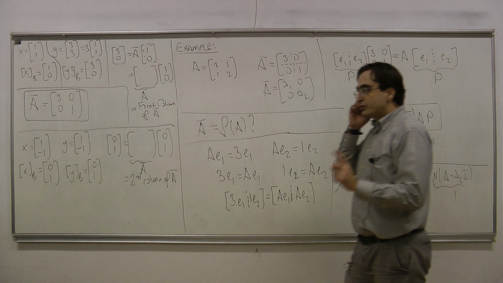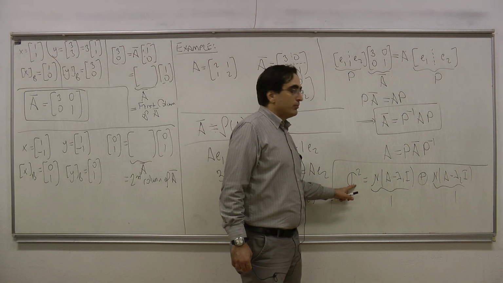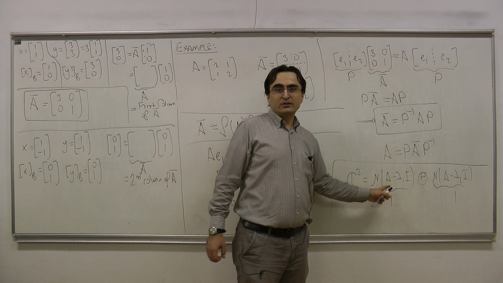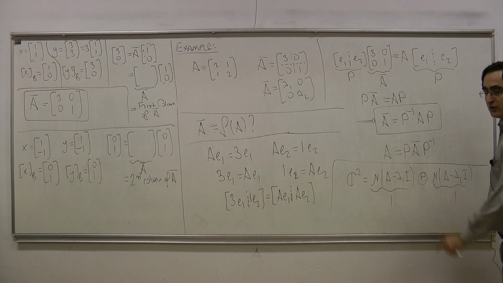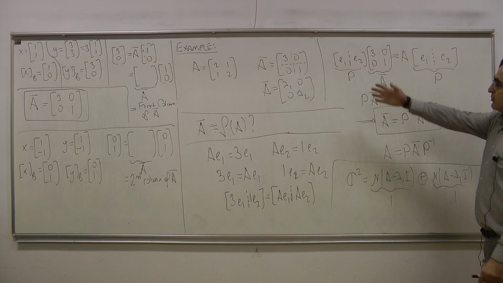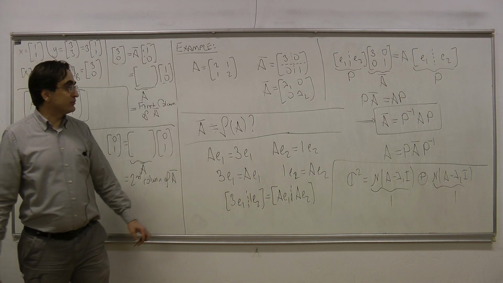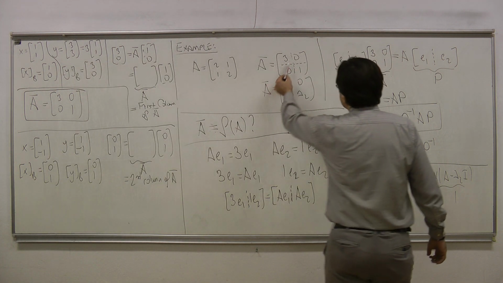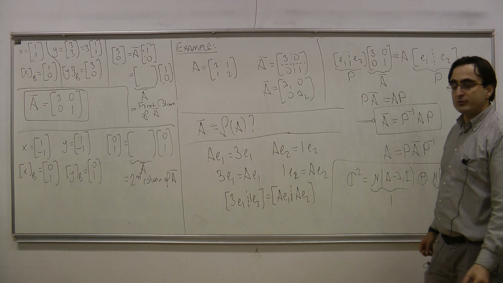Okay? Now we're going to try to generalize this idea, starting with a decomposition of Cn into some subspaces which are invariant under A. If we can find such a decomposition of Cn into invariant subspaces under A, then we will always be able to obtain a simple matrix representation which is block diagonal, where the sizes of these blocks are the dimensions of these invariant subspaces.